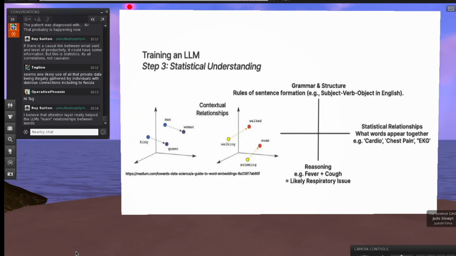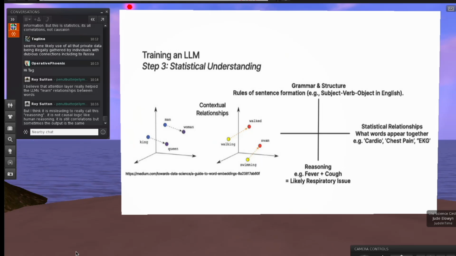These are actually capable of reasoning. It takes them a while to make the predictions, but they are capable of understanding things like, for example, a fever and a cough likely means that there is a respiratory issue with that patient. So to be able to make those decisions about data, about the relationships in data, those are some of the advancements that we've seen with the newer generation LLM models.